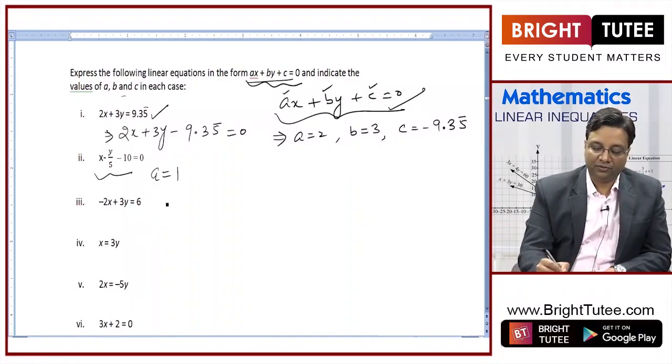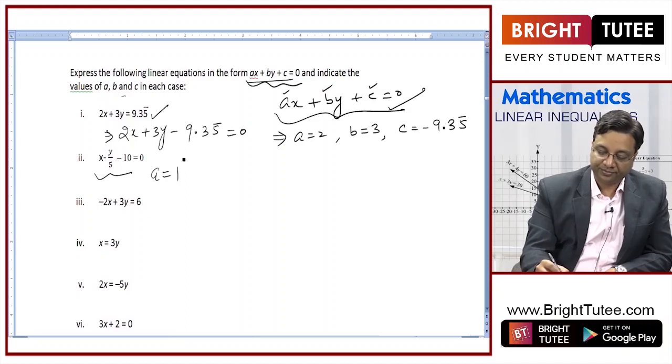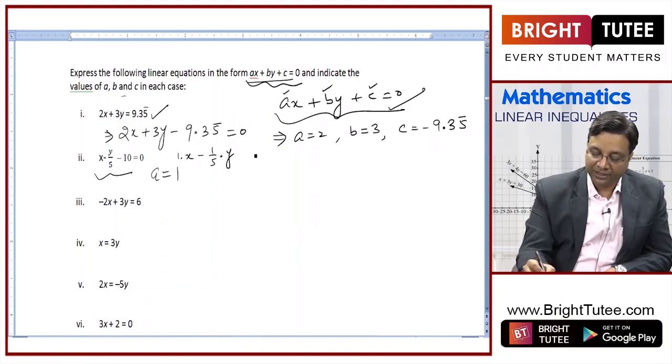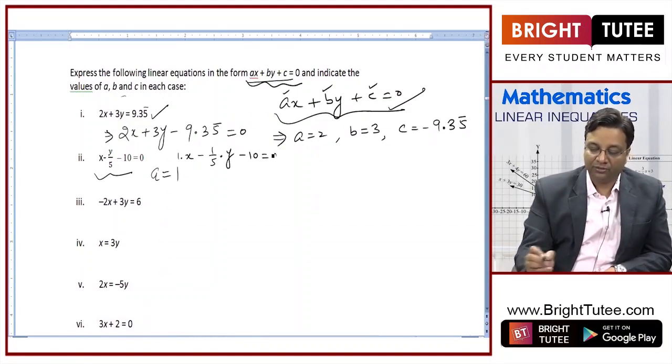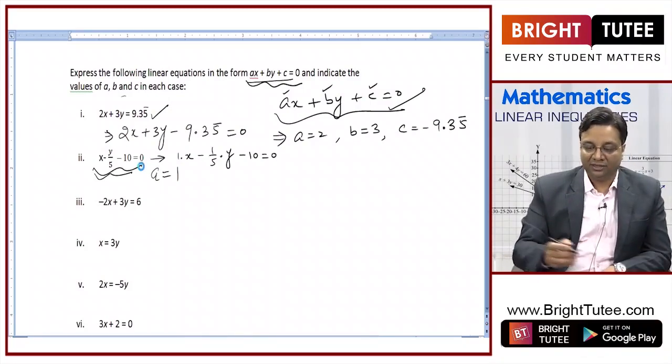So a is equal to 1. Or what you can do is, to be precise, you can write this equation like this: 1 into x minus 1 by 5 into y minus 10 is equal to 0. What is the difference? This is the same equation as this, right? The only difference is the formatting.